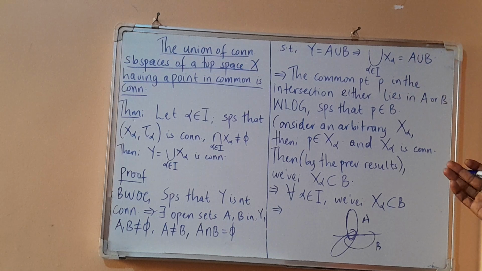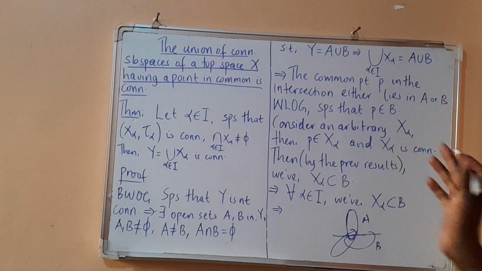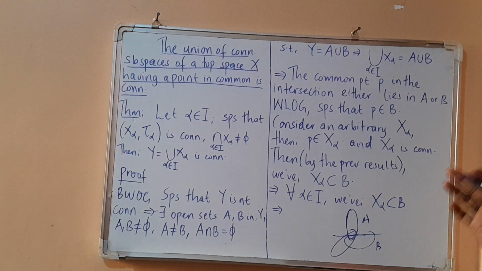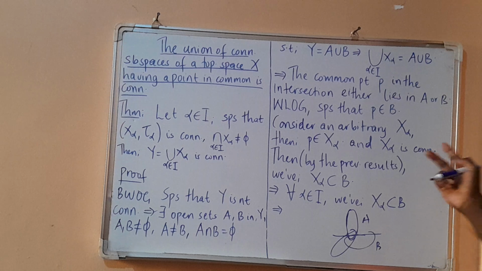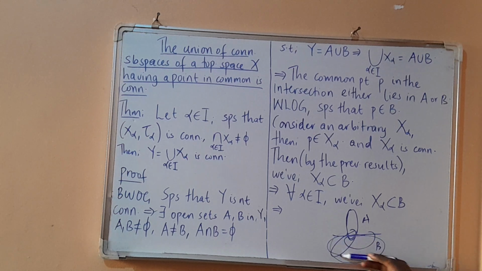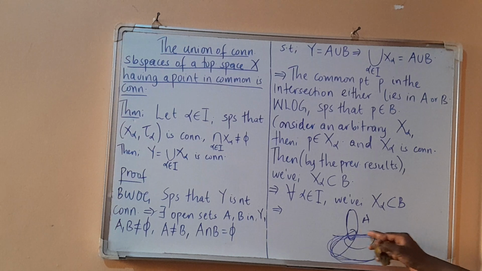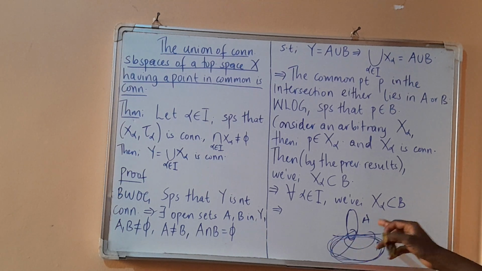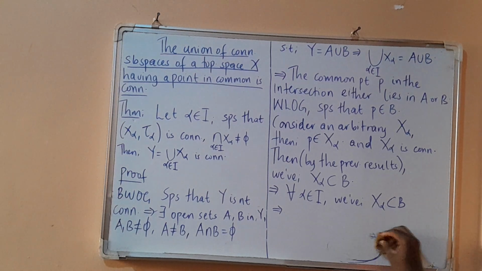So if we separate the union, that point which is in those X alphas can either be in A or B. We assumed that it is in B, so we considered an arbitrary X alpha, which also contains that point P. By the previous results, since X alpha is connected, it cannot lie across a separation, so it will be lying in the open set B. Since X alpha was arbitrary, for all the alphas in the indexing set we shall have X alpha in B. That will imply that the open set A is now empty.